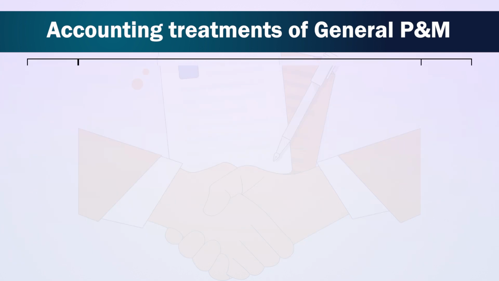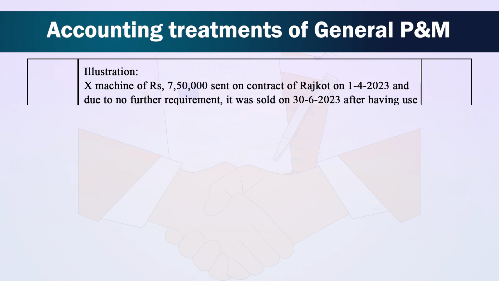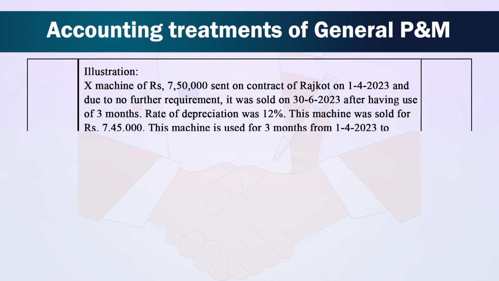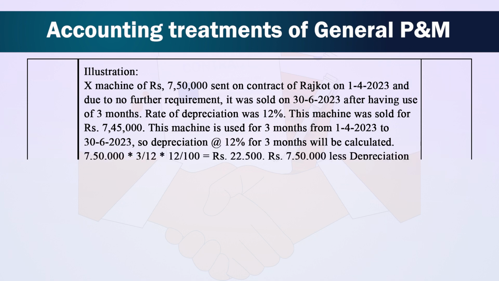Let's understand with an illustration. X machine of rupees 7,50,000 was sent on contract of Rajkot on 1st April 2023, and due to no further requirement, it was sold on 30th June 2023 after having been used for 3 months.